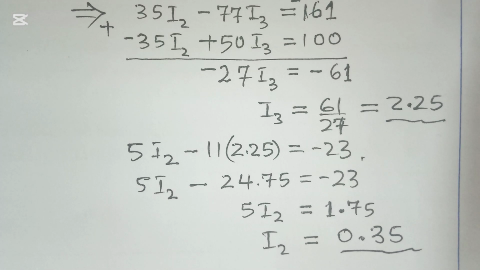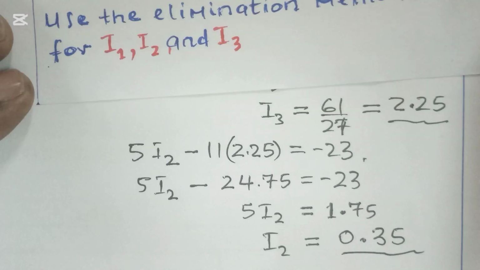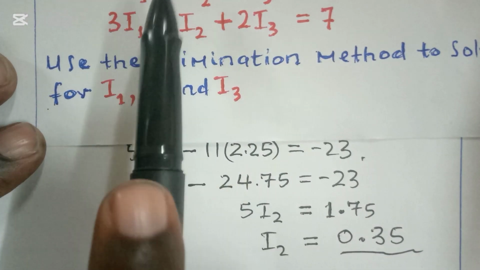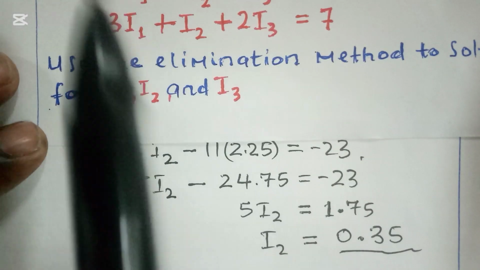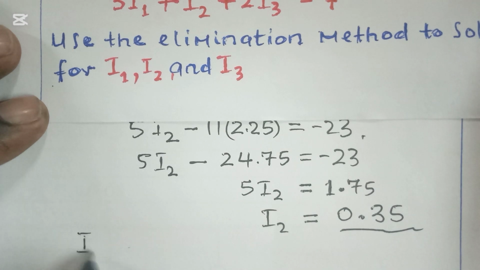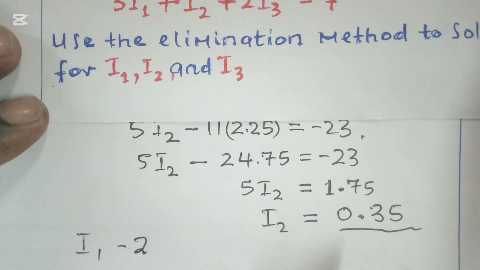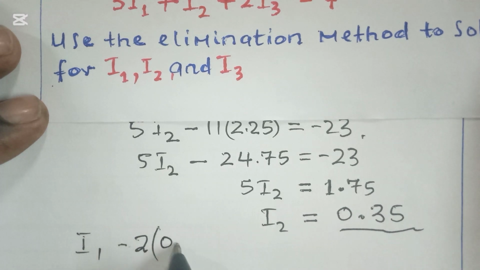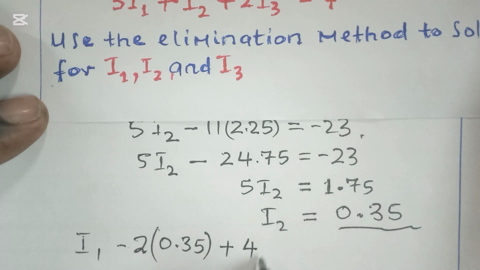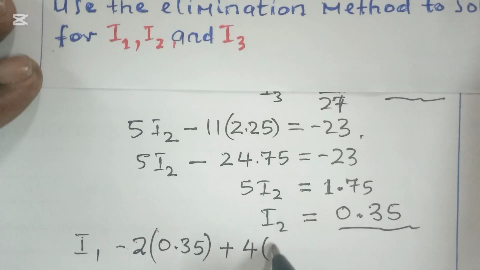Guys, we can come and use our original equation. We have gotten I3 and I2. We now look for I1. So we can use this equation. So we shall write I1 minus 2, I2 we have here is 0.35, plus 4, I3 we have is supposed to be 2.25.